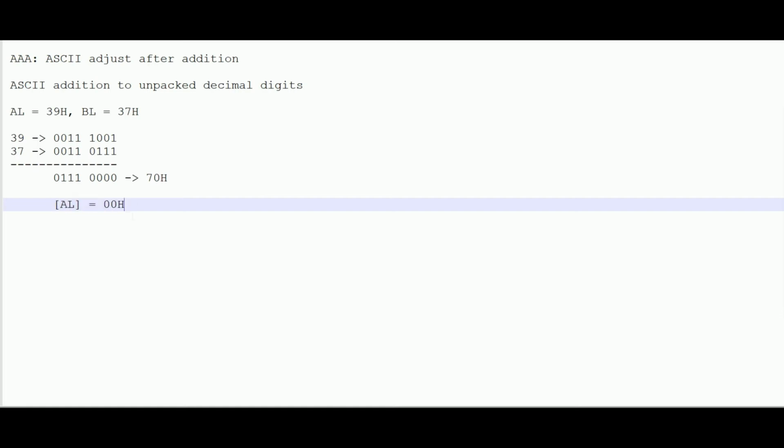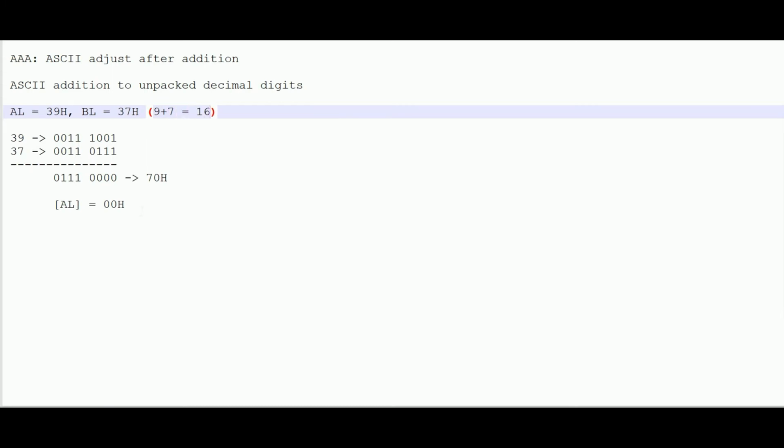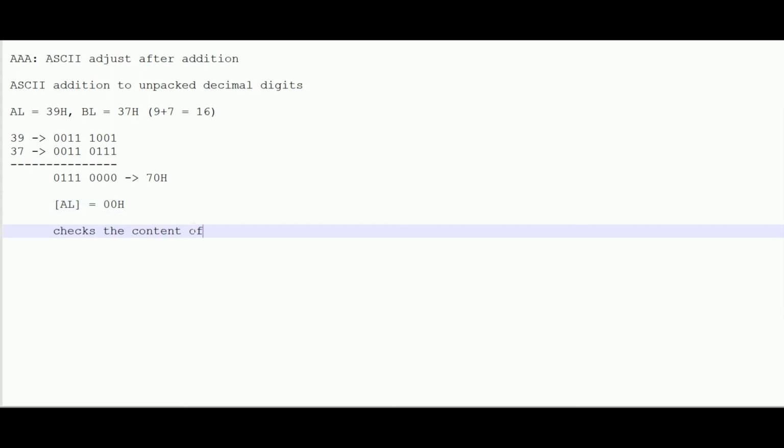But the answer is not right. 9 plus 7 should give us 16, and our answer is 0. So there is some issue here. Along with checking the lower nibble, the AAA instruction also checks the content of the auxiliary carry flag.